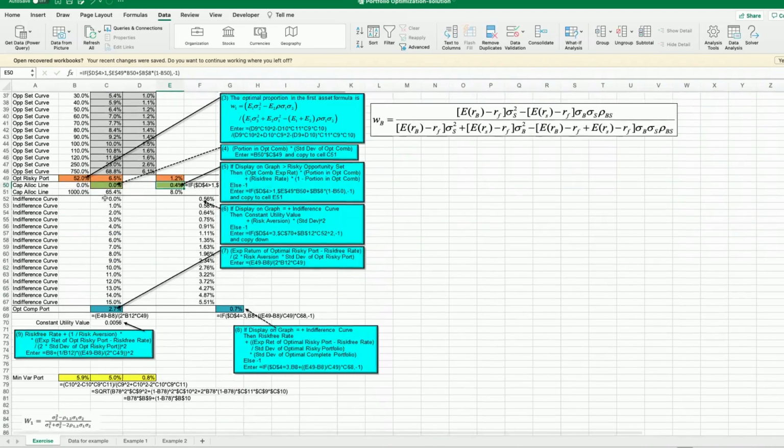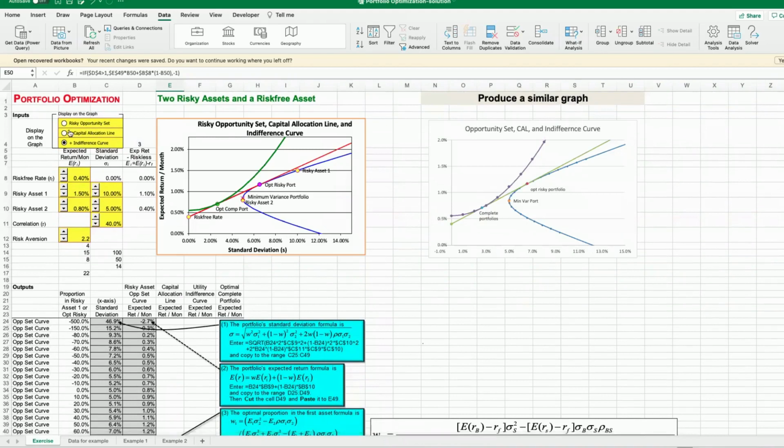And finally, at this point we have an opportunity set here, and we have a capital allocation line here, and we can specify the optimal risky portfolio. But since there is a risk-free asset, an investor has to make the decision for their capital, for their asset allocation decision. So they will determine what proportion to invest in risk-free and what proportion in risky assets.